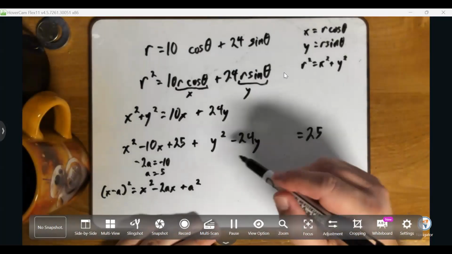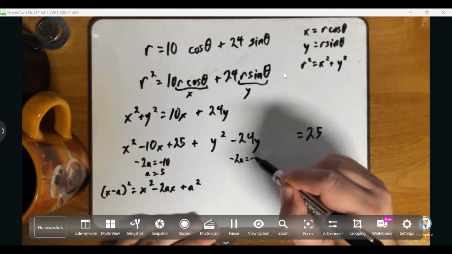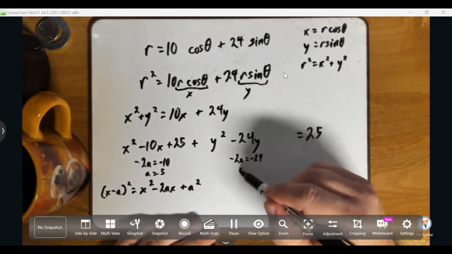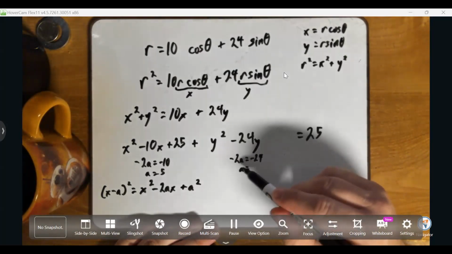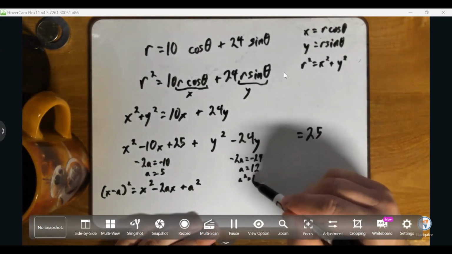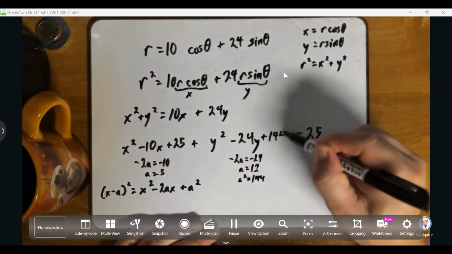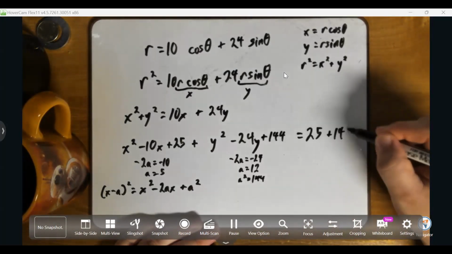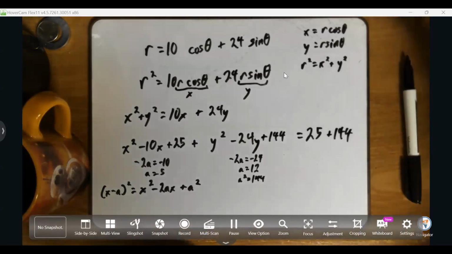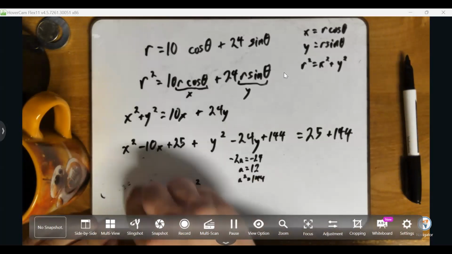Same thing here, but now that negative 2a is minus 24, and so the a would be 12. And so if I add 12 squared to both sides, that's completing the square.